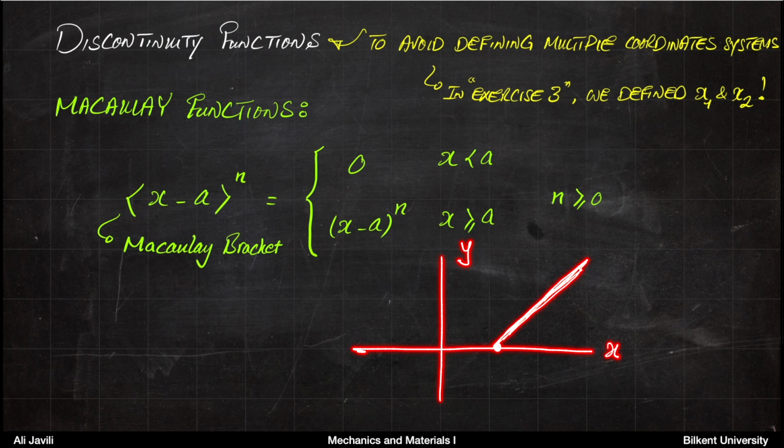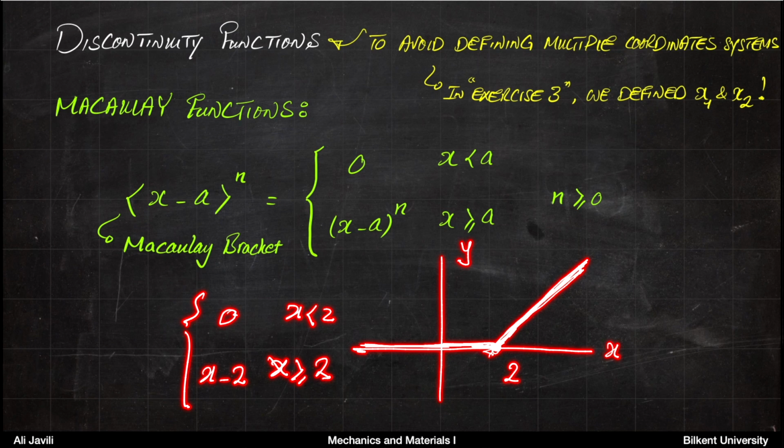So a line which is starting at point 2, but then at any point before 2, your line would be just 0. So if you want to define this type of function, usually what you would do is to say, well, it is 0 if x is less than 2, and it's x minus 2 if x is larger or equal to 2.